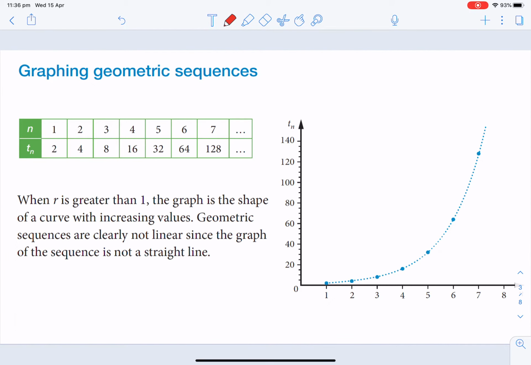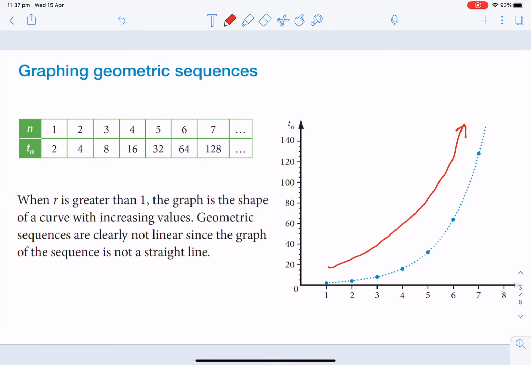Graphing geometric sequences. So we saw that we could graph an arithmetic sequence, and that is linear, it is a straight line. In the case of a geometric sequence, it's got a bit of a curve. It looks more like a logarithmic or an exponential type graph.